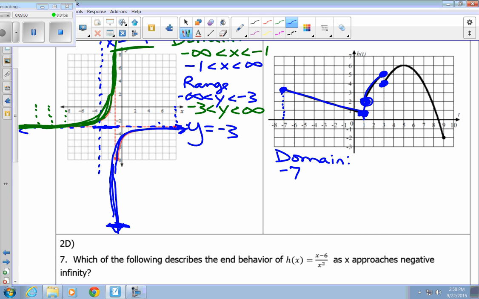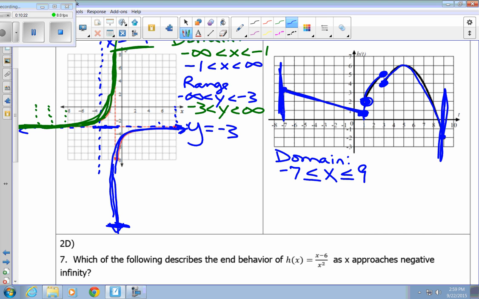We keep on following the domain all the way till 9. So negative 7 is less than or equal to x, a filled in circle. Keep following it. It's like you're sliding all these pieces together, and x is less than or equal to 9. Saying you can stop anywhere between negative 7 and 9. You can name any x value, and I'll find a part of the graph that's there. Is what this domain is saying.